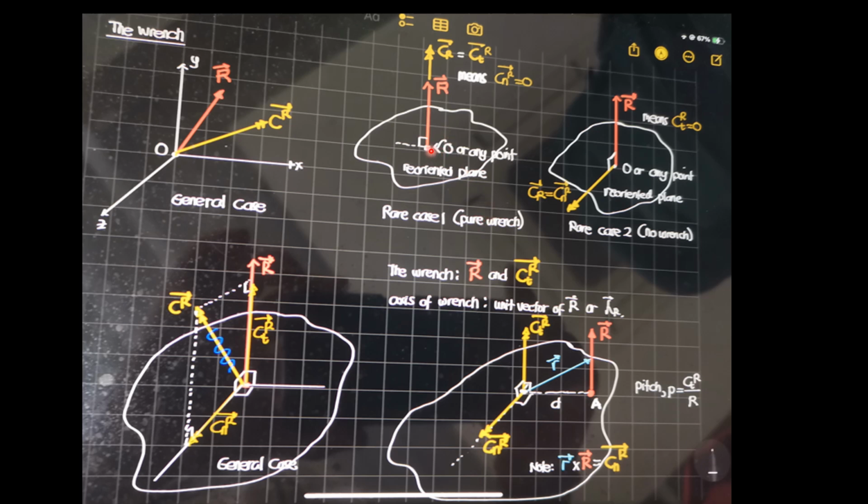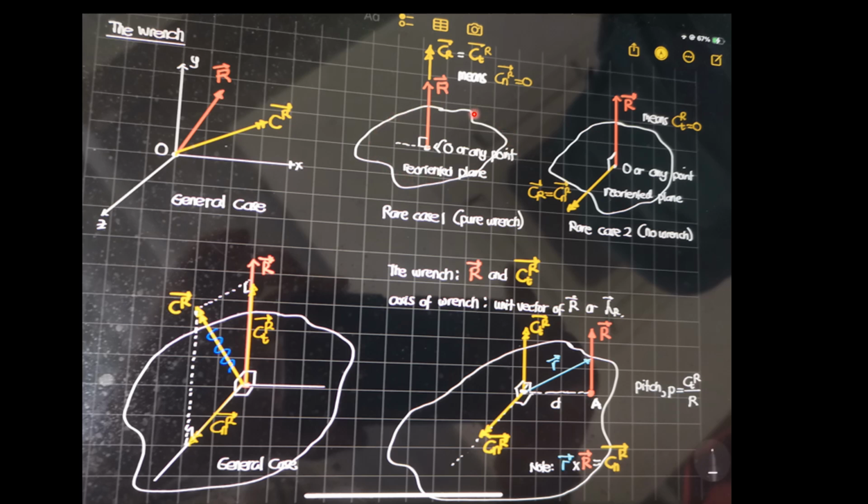So we have here the plane of the force, which is reoriented such that the force will be perpendicular to that plane, so that the viewers and audience can easily understand. So the force R here is perpendicular to this plane.